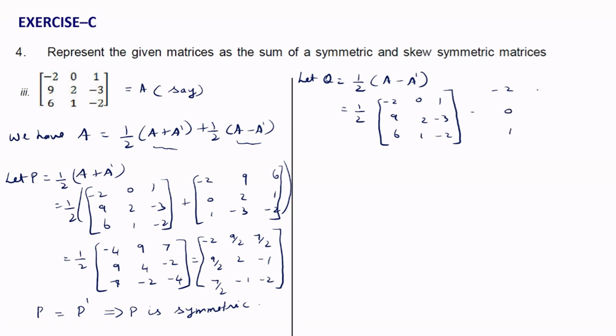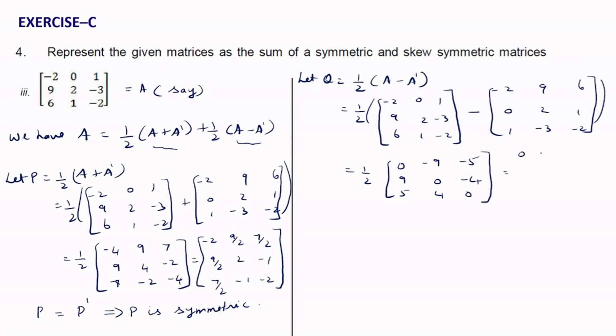Minus 2, 0, 1, 9, 2, minus 3, 6, 1, minus 2. So this is half of minus 2 plus 2, 0, 0 minus 9, minus 9, 1 minus 6, minus 5, 9 minus 0, 9, 2 minus 2, 0, minus 3 minus 1, minus 4, 6 minus 1, 5, 1 plus 3, 4, minus 2 plus 2, 0.